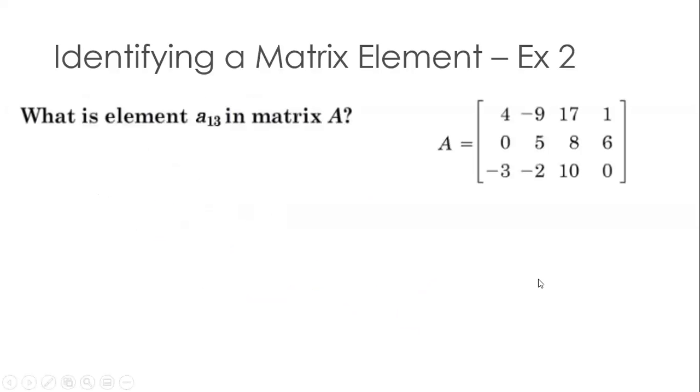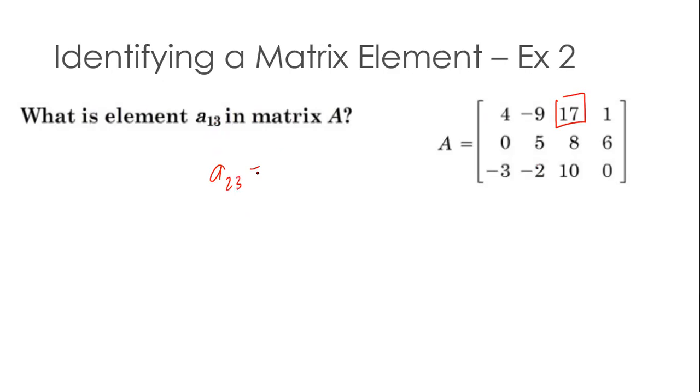Again, here we have 4, -9, 17, 1, 0. You can read the numbers yourself. If I ask you to identify element A13, you can say A sub 13. I'm looking for element A13, which means I'm looking in row 1, column 3, and that's going to be 17.